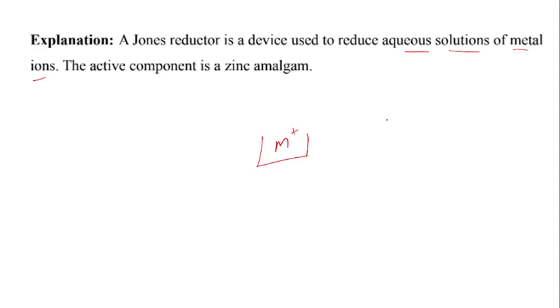Or suppose the metal is dissolved in nitric acid, but the nitric acid is not pure. Suppose it is 50% nitric acid plus 50% water, so it also contains water. So when this nitric acid dissolves any metal, it is known as aqueous solution.